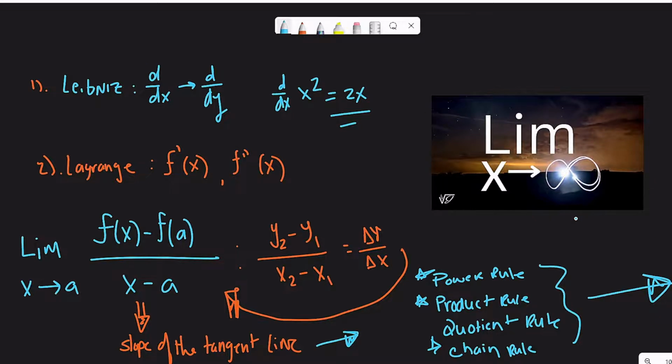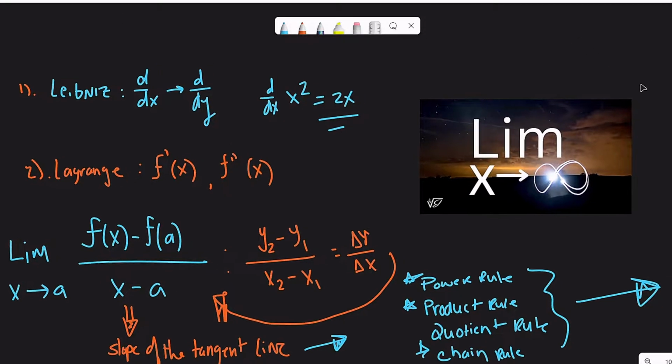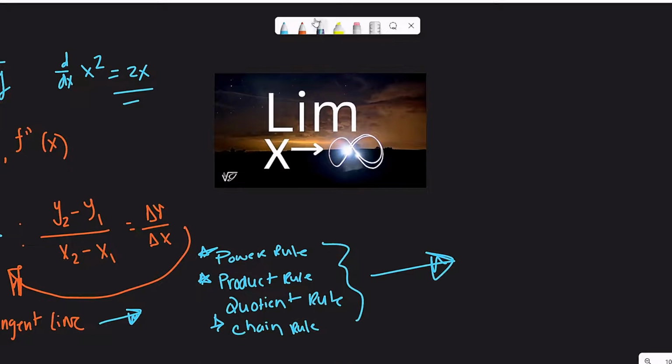And then I will use some trig functions in our problem. So just briefly, I will summarize the derivative of cosine of x and sine of x.